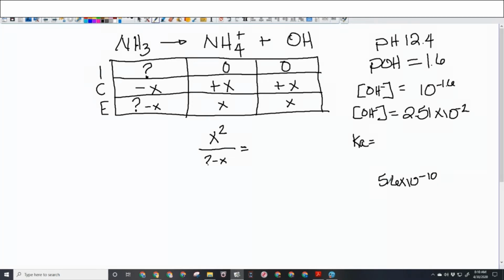Let me write this here. This is the Ka, but we need the Kb. So to get the Kb for this, I need to take 1.0 times 10 to the negative 14th divided by this, and that's going to give me the Kb that I use right here.